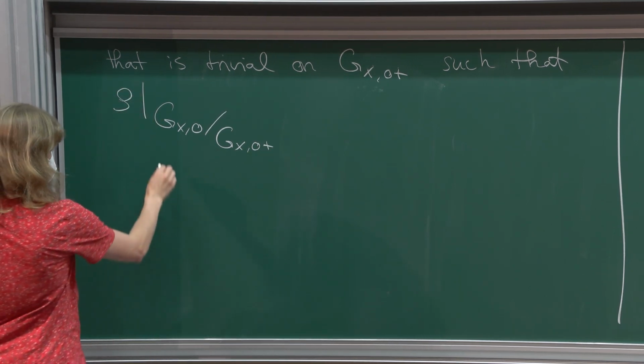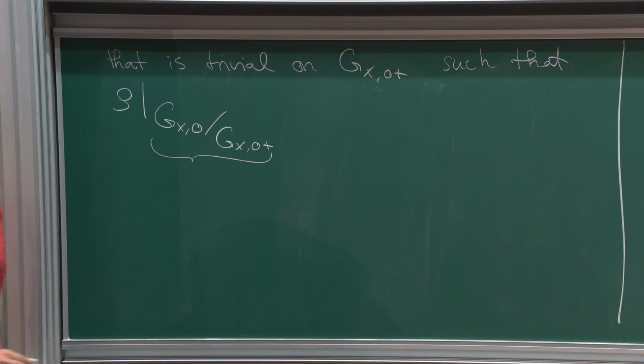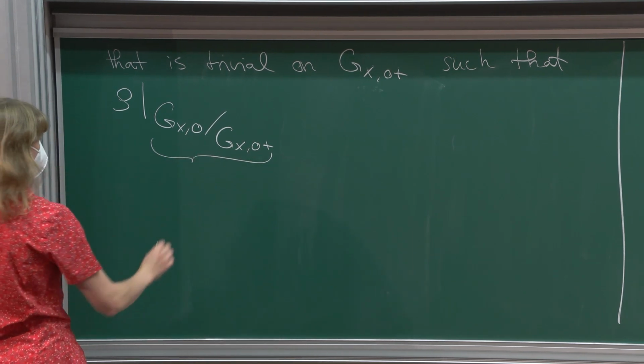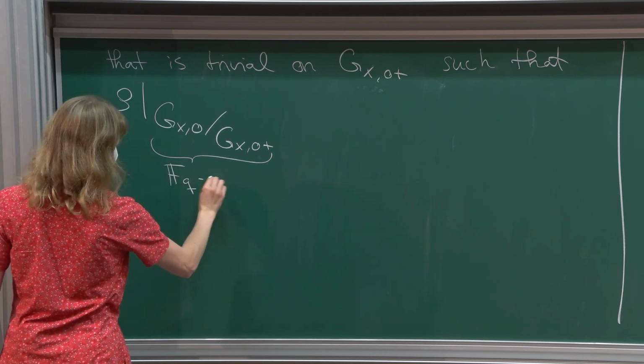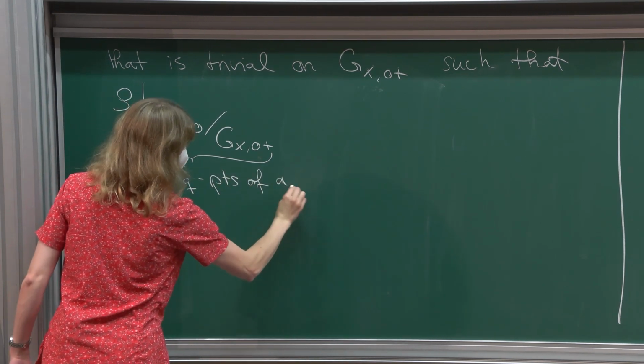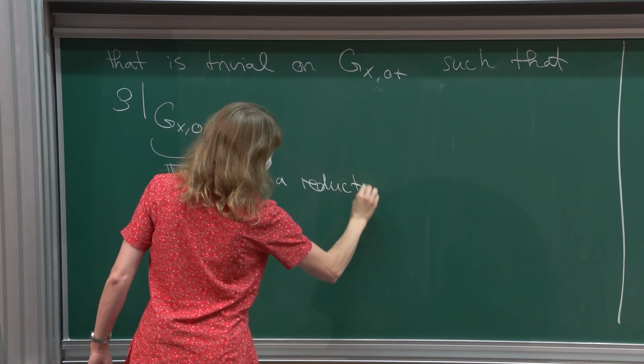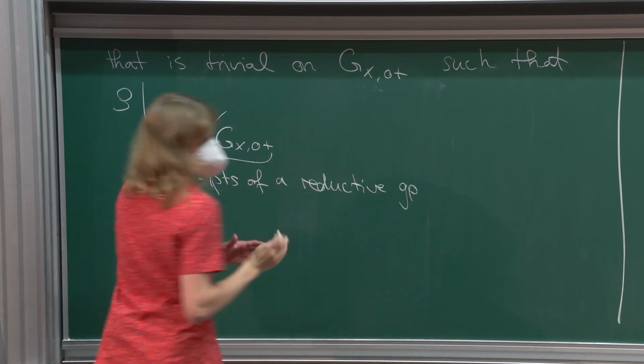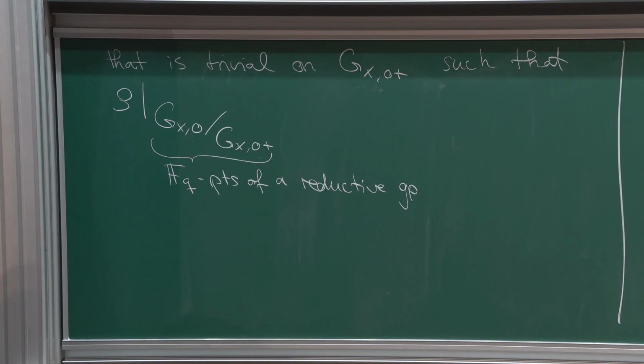And well, what is this quotient here? So one nice property of the Moy-Prasad filtration is actually that the zeroth quotient of this filtration, these are always the F_q points of a reductive group. And all other quotients are abelian or vector spaces.